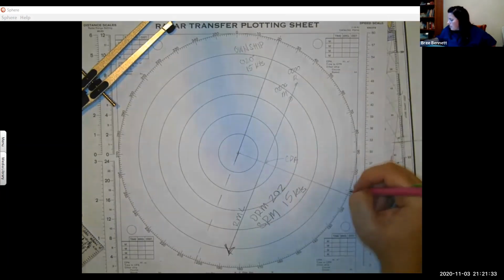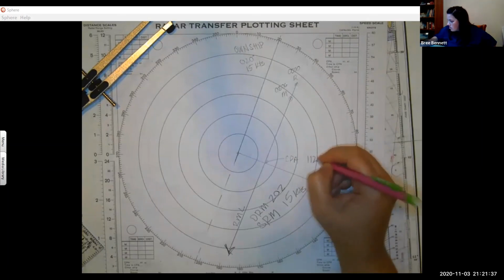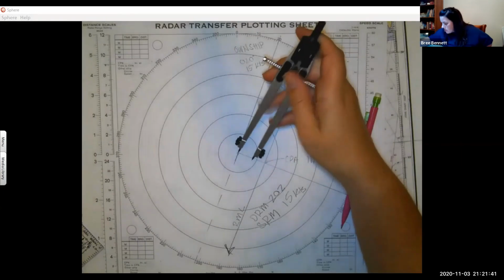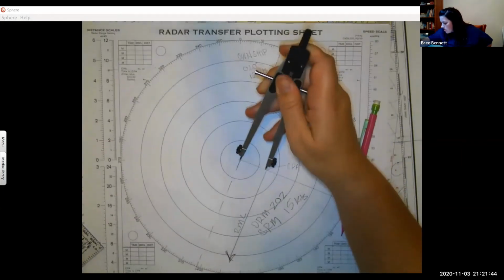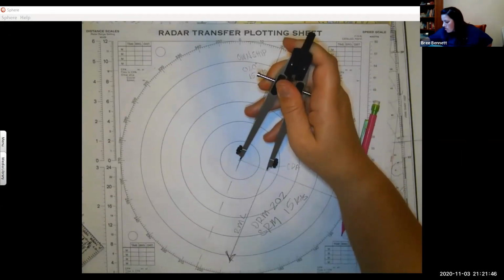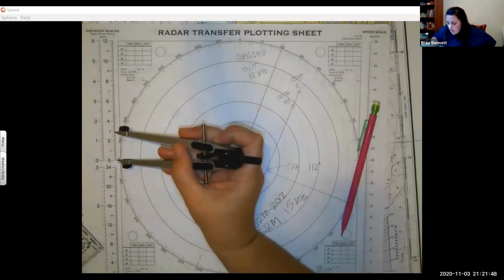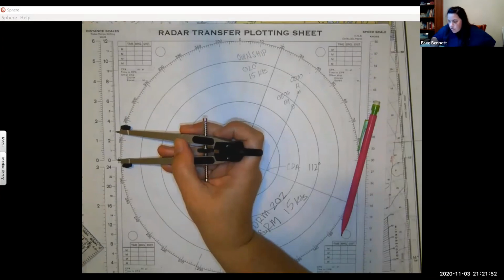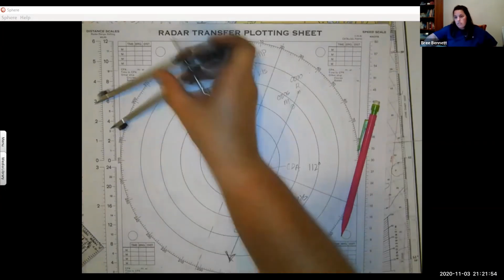Its bearing is 112 at a distance of 2.9 miles.